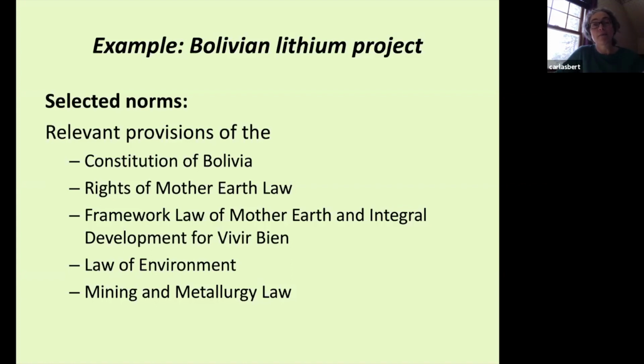Some of these laws are very elaborate, long and very detailed, so I still had to select certain provisions from the laws. So there are several layers of teasing out what is the most relevant part of the law for analysis.